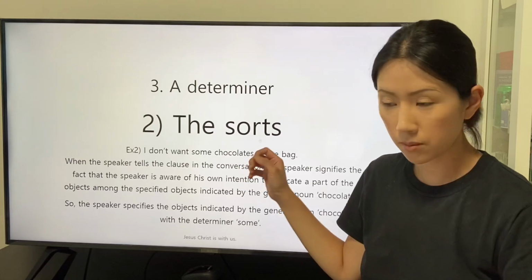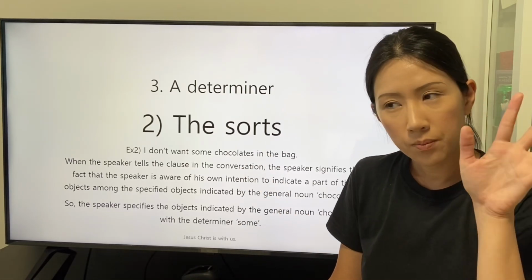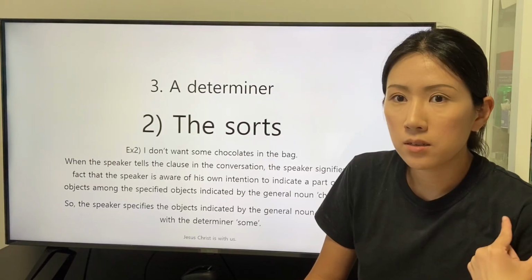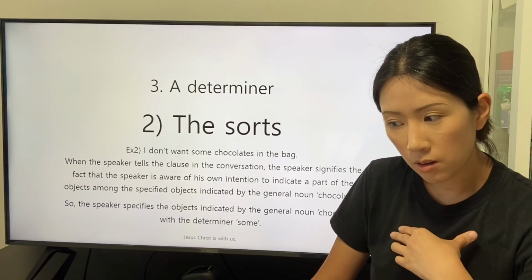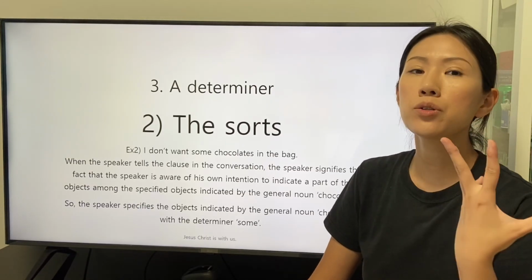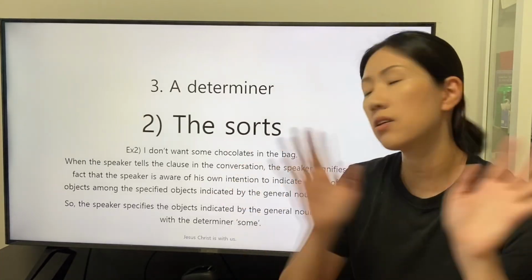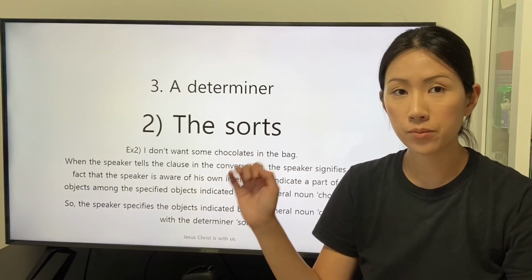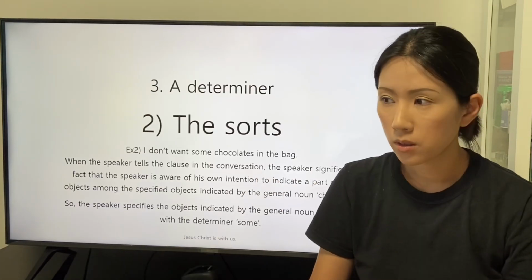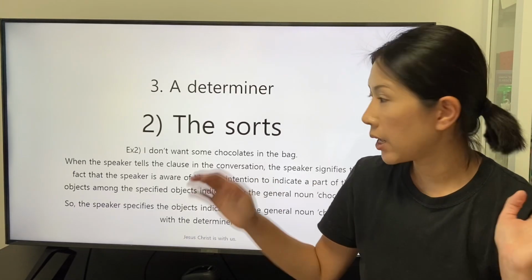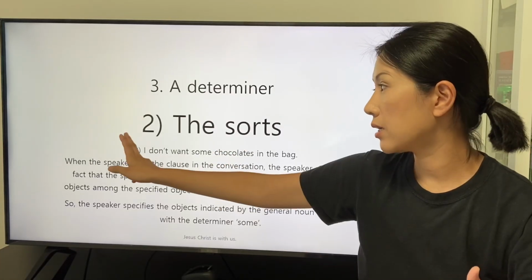So we can think of these three questions. Do you want many chocolates in the bag? Do you want some candies in the bag? And do you want some chocolates in the other bag? The interpretation of this clause can be varied.